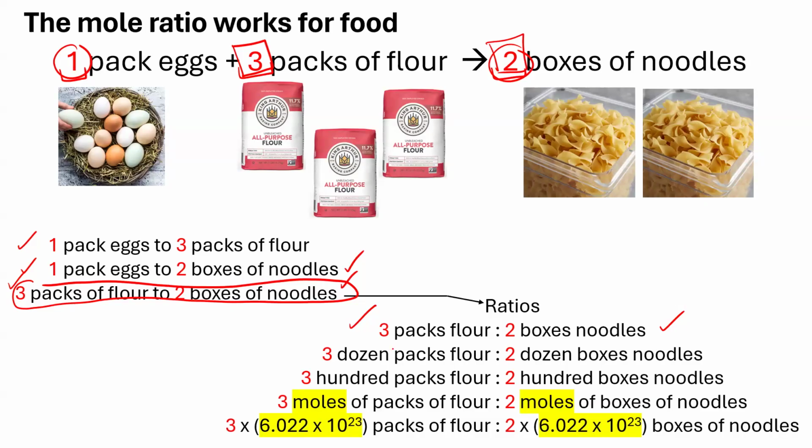We can increase that to 3 dozen packs of flour, and that'll allow us to make 2 dozen boxes of noodles. The only thing that changed was this dozen. And of course you need eggs with this, but this is just specifically talking about the ratio of flour to noodles. You could do eggs to noodles and you could do eggs to flour.